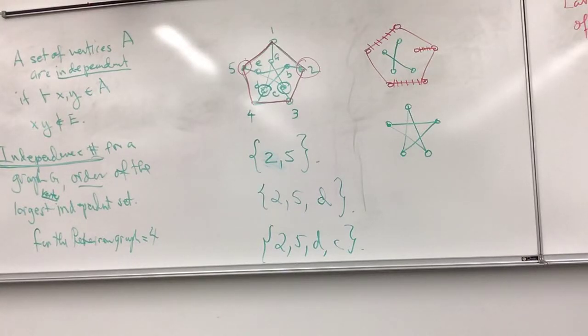We've got all the outer edges. Can we get 1A? Yeah. Anybody? We have 6.